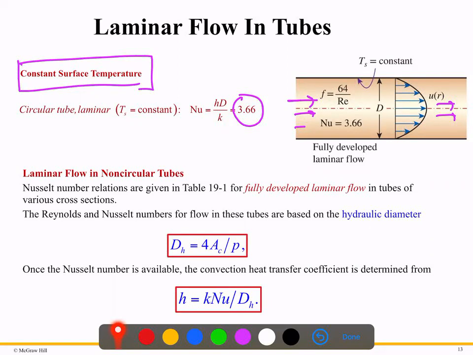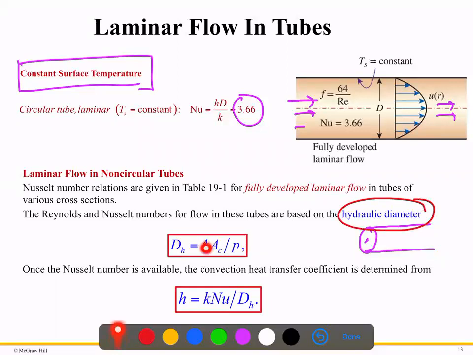Now the question is, if the pipe is non-circular, how can we calculate the Nusselt number or the friction factor? A circular pipe means this is the cross section, this is the inlet, and we know the diameter. But for a non-circular pipe, we don't know the diameter, so we calculate the hydraulic diameter.